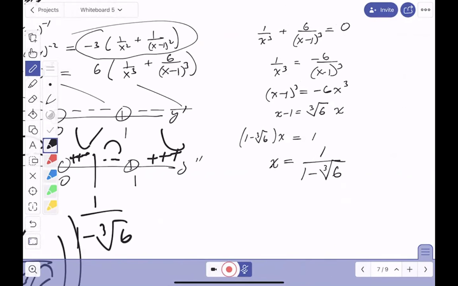I probably did something really stupid, didn't I? 1 over x cubed, 6 over x minus 1 cubed, minus 6x minus 1.